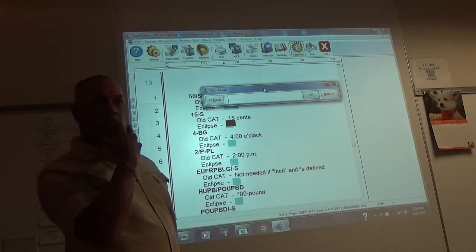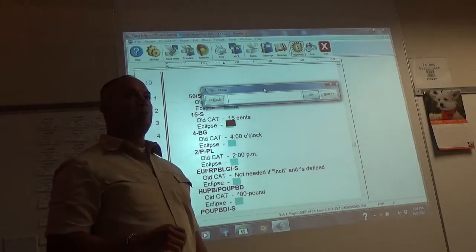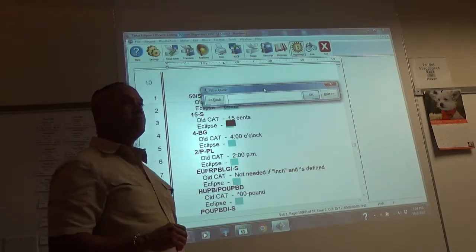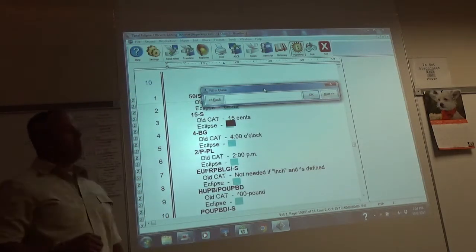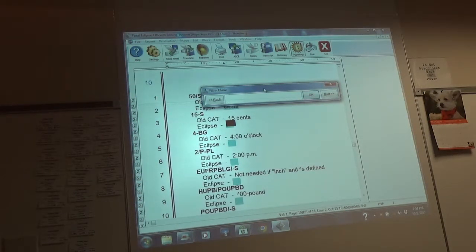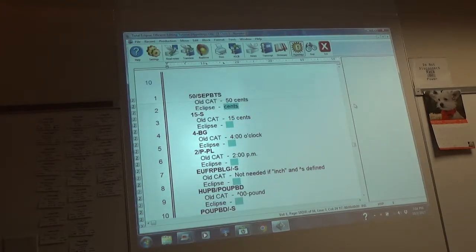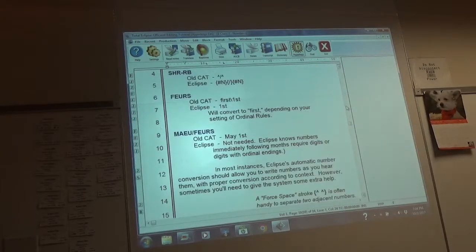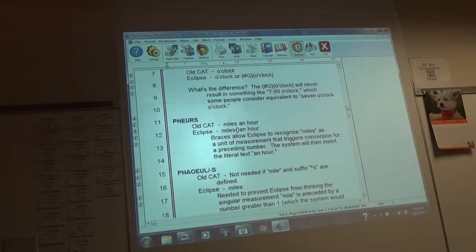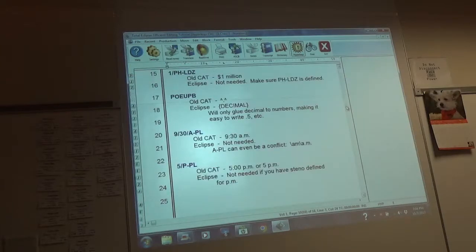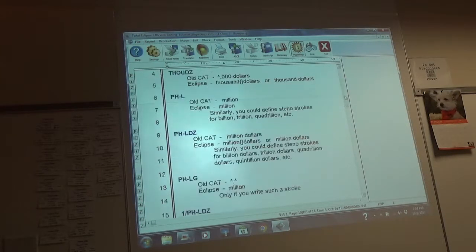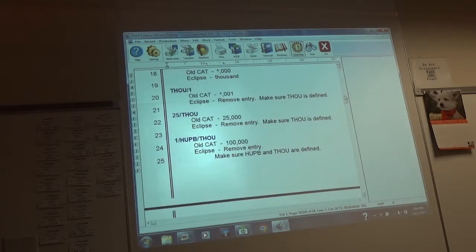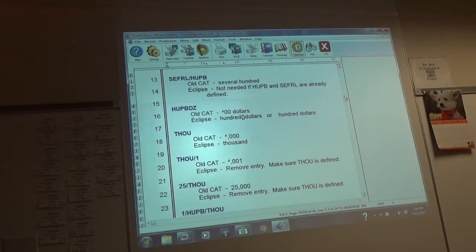How? You remember? Do you write it out? I think you have to put the bracket. Let's come up here and check. I think it's the bracket too. But we put the actual number, not the written number, right?